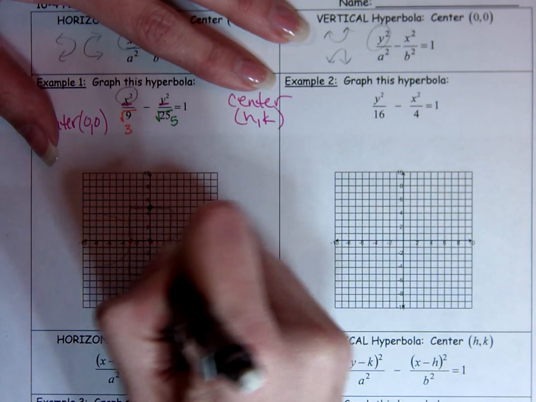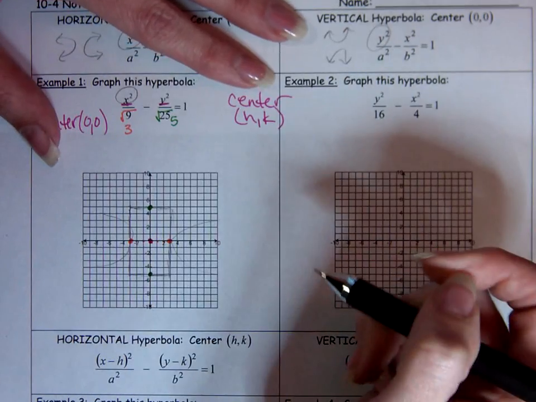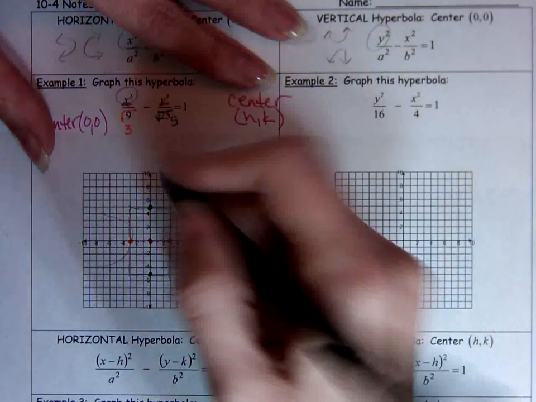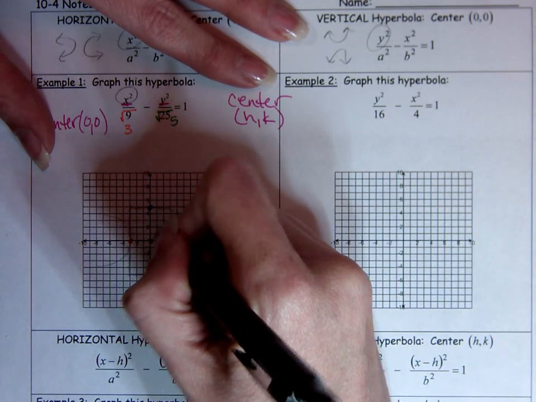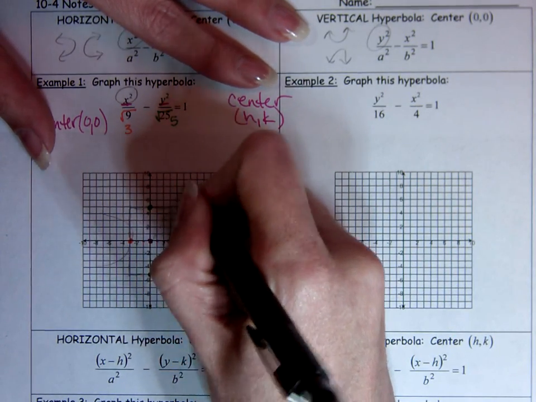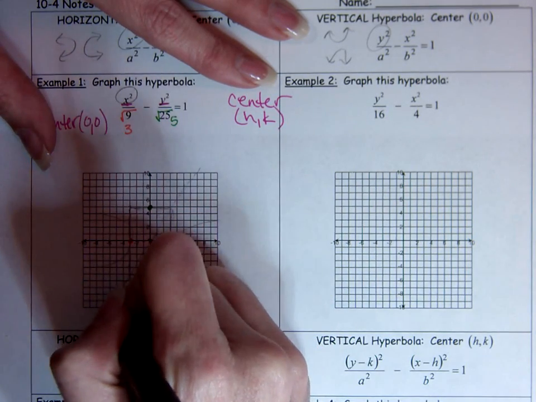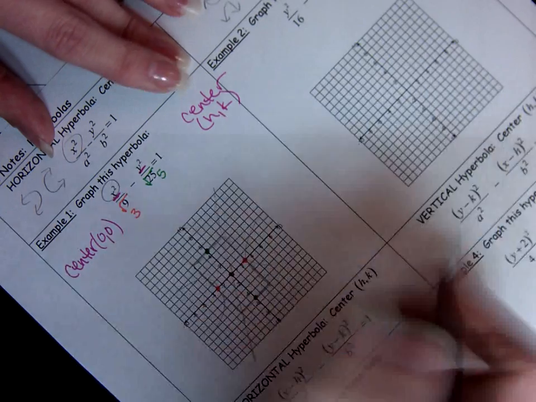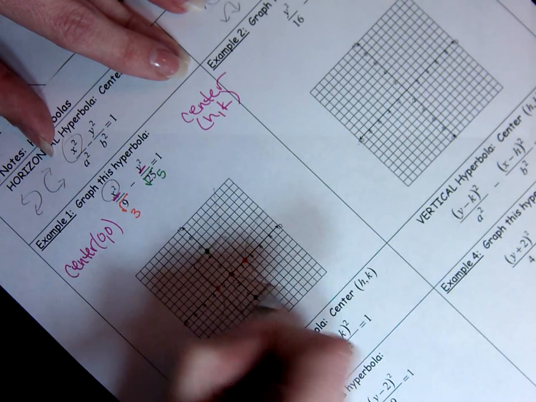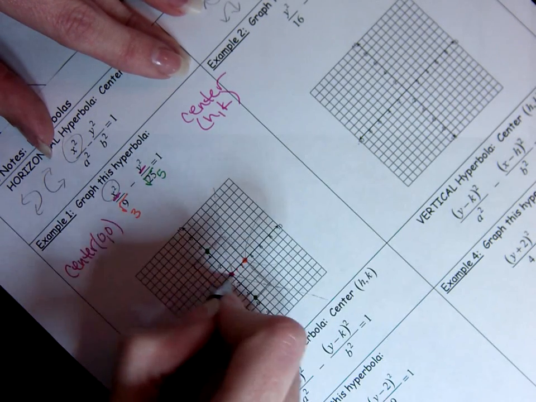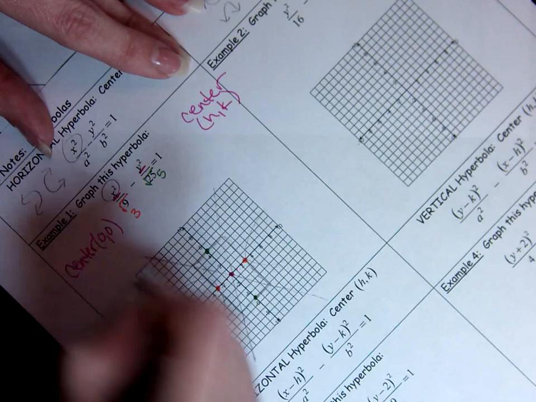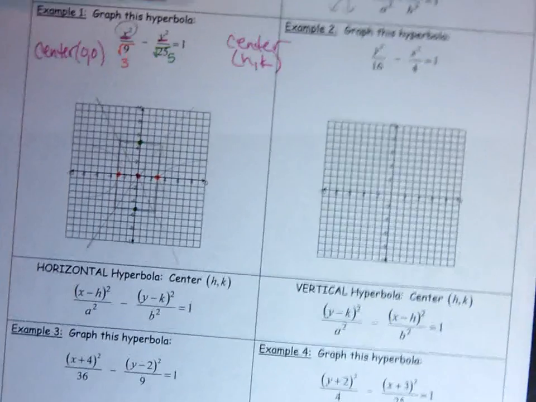And the reason we make a rectangle is because hyperbolas have asymptotes, and those asymptotes run diagonally through this rectangle. We already know that an asymptote is a place in the coordinate plane that a graph approaches but can never touch or cross.